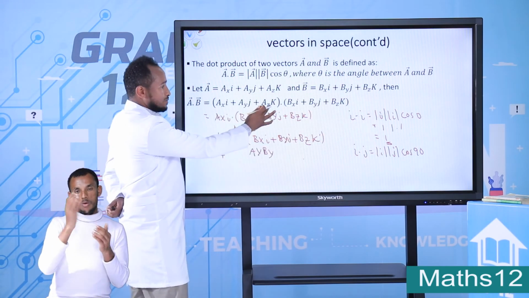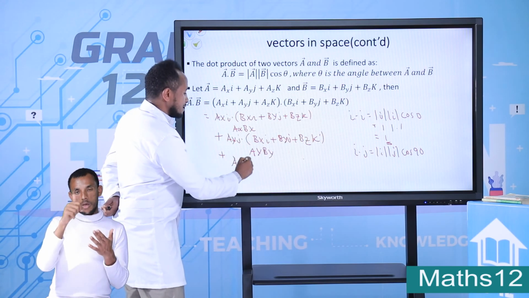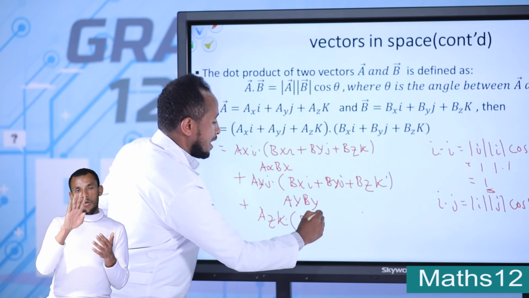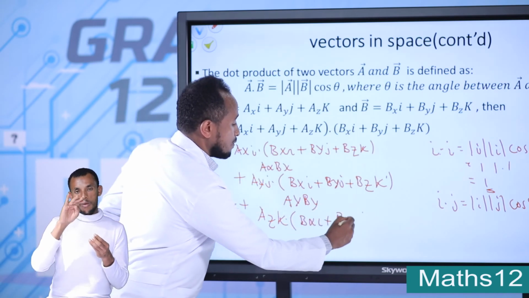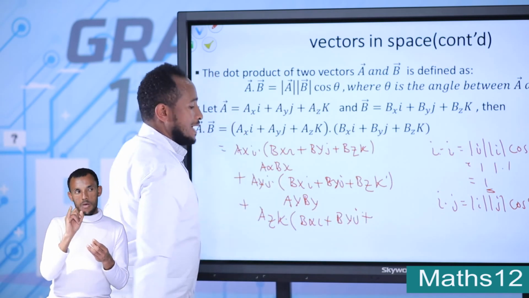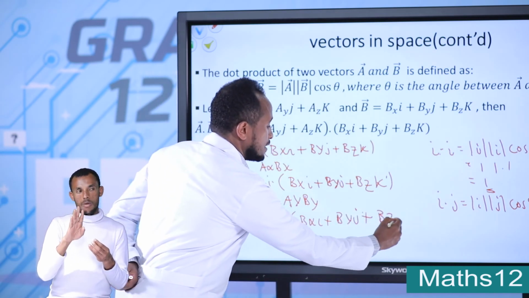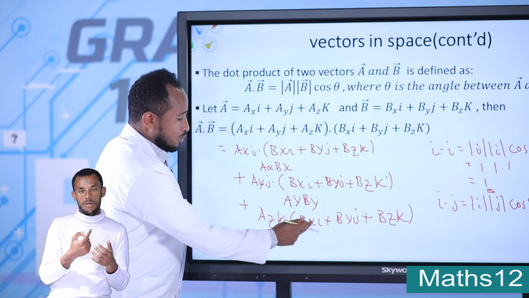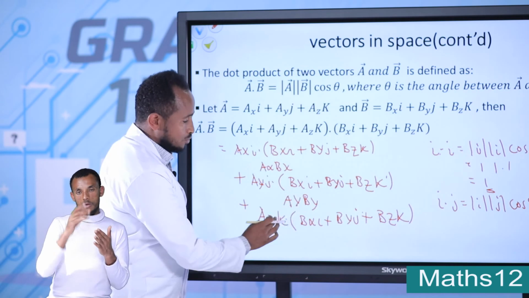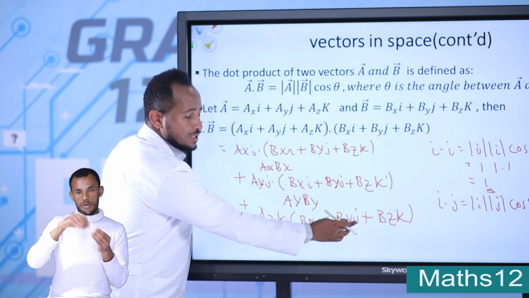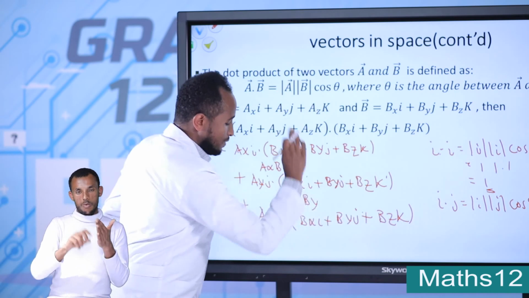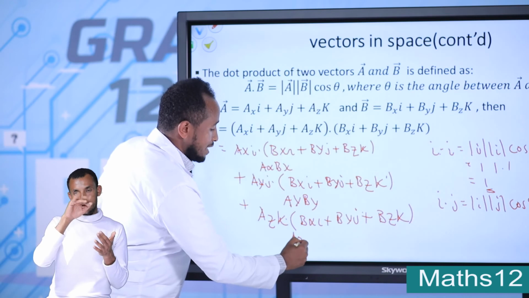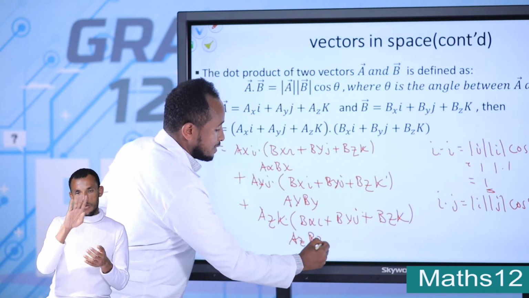Plus, let's distribute Az K dotted with Bx I plus By J plus Bz K. When you distribute this, the dot product is 0 because K dot I is 0, and K dot J is also 0. The dot product of K with K is 1, so you'll have Az Bz.